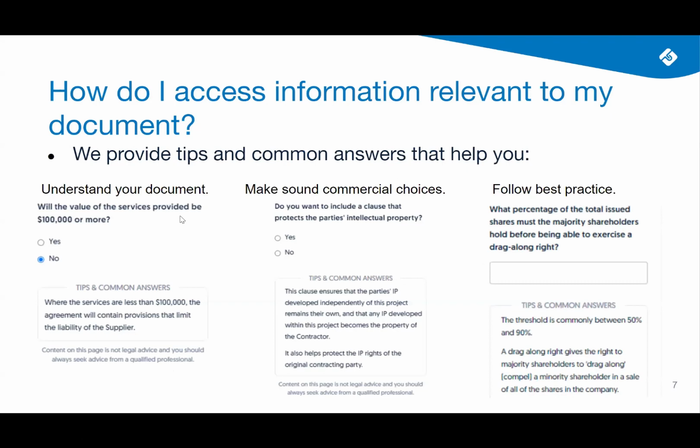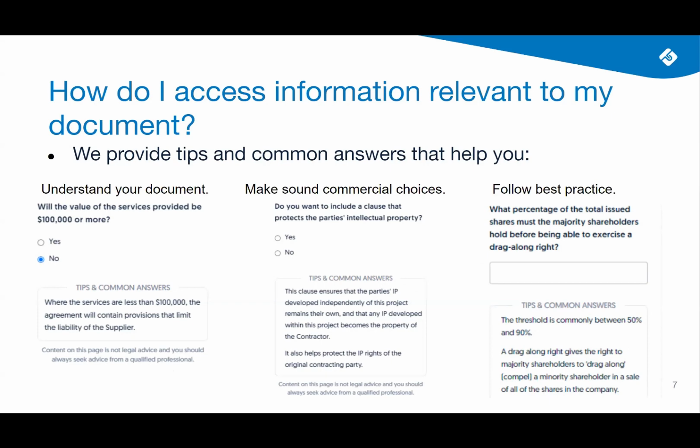Now, the next place where you can find information about how to complete a document is in the tips and common answers. By that, I mean these boxes that appear below the questions themselves. The tips and common answers function in three general ways.